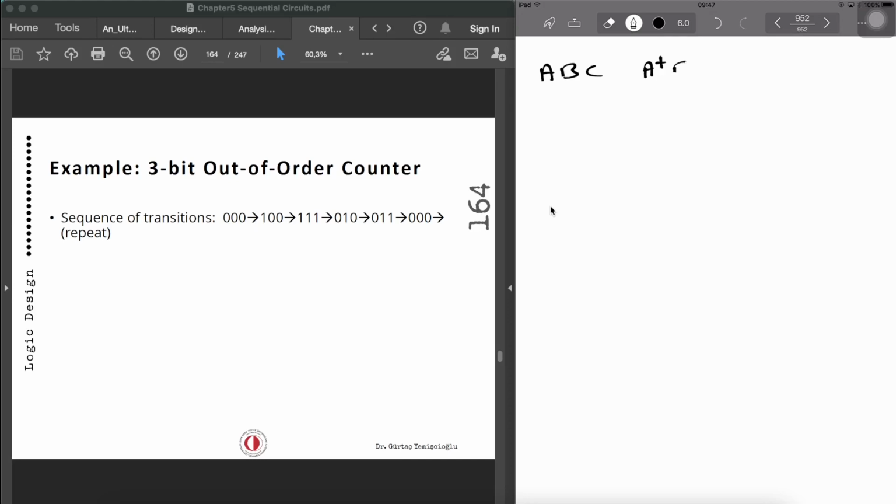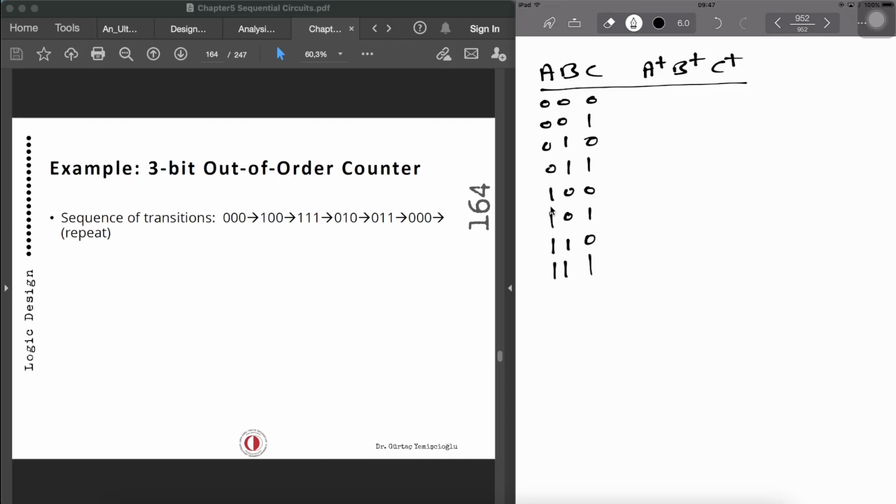So A plus, B plus, C plus. And starting from 0, 0, 0 up to 1, 1, 1, we have to consider all possible combinations. Let's write these closer to each other because I have to add a few other things.